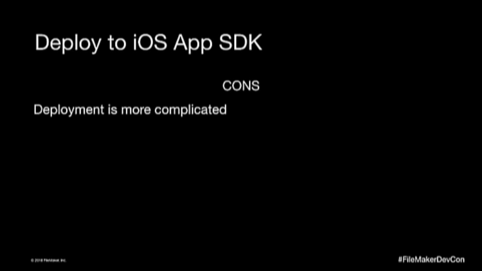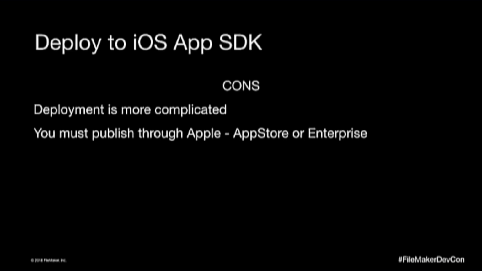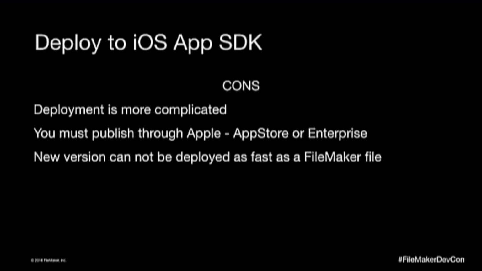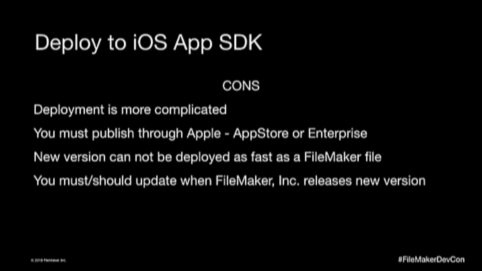So what about the cons for a native iOS app? Well, deployment is more complicated because you have to build an Xcode project that has to be compiled, and then you have to ship it off to Apple, who need to approve it, and then it has to be posted to either the App Store or the Enterprise Store, or you need to use MDM in order to distribute your app. So it's more complicated. And a new version cannot be deployed as fast as a FileMaker file because you need to go through all those steps again, and you have someone that needs to approve that it is safe to run the code.